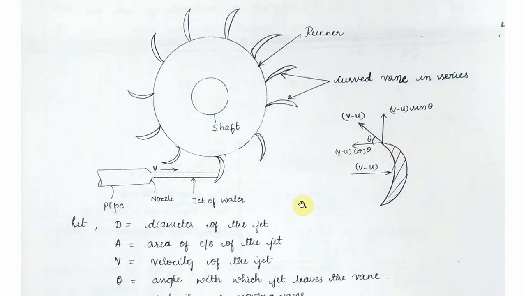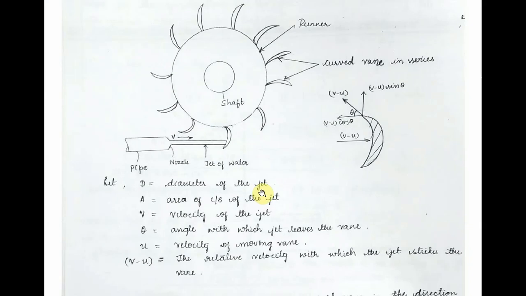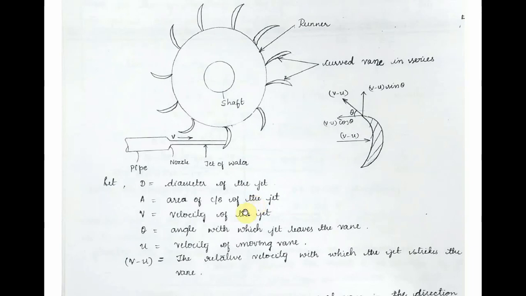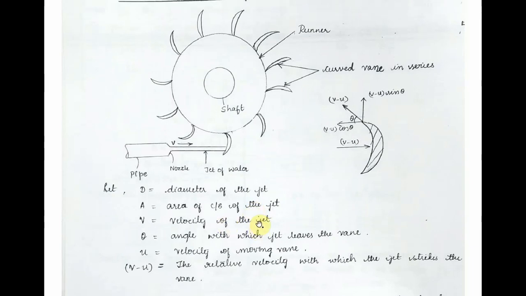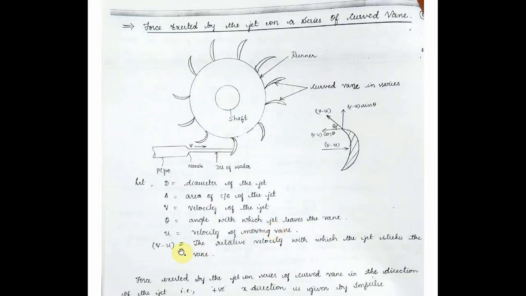Let D be the diameter of the jet and A be the area of cross section of the jet, and V is the velocity of the jet. Theta is the angle with which the jet leaves the vane, and V minus U is the relative velocity with which the jet strikes the vane.